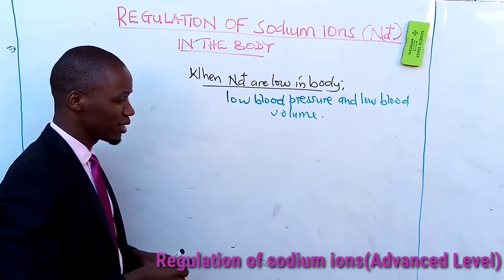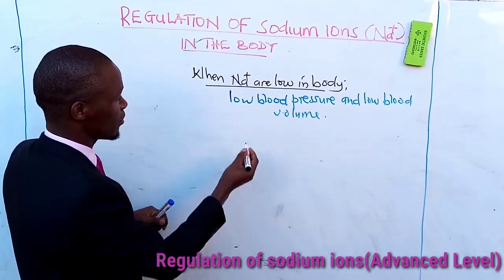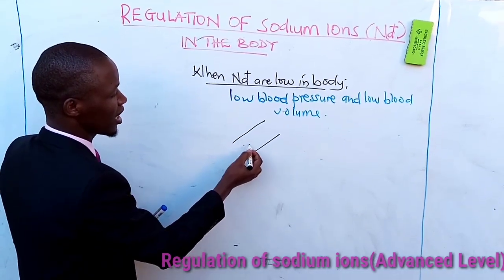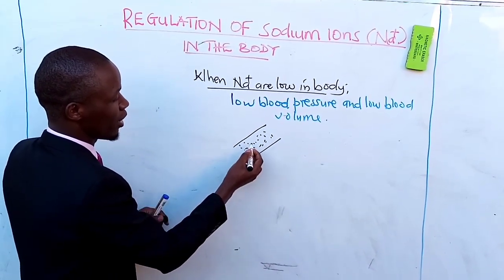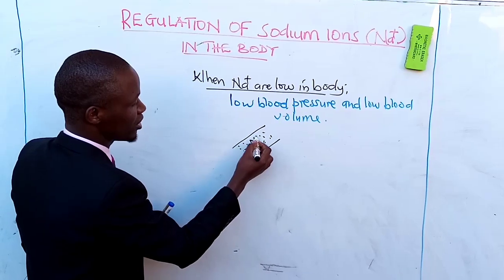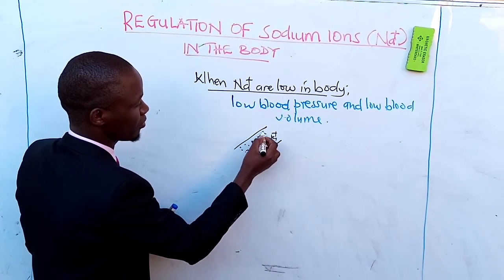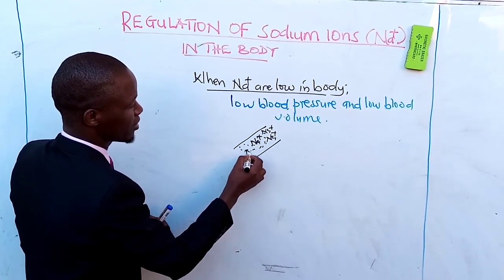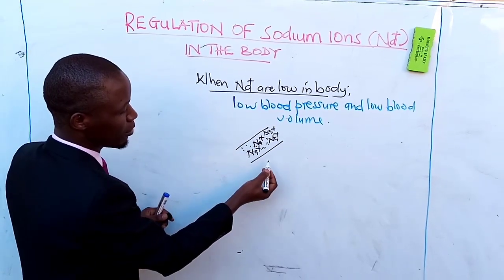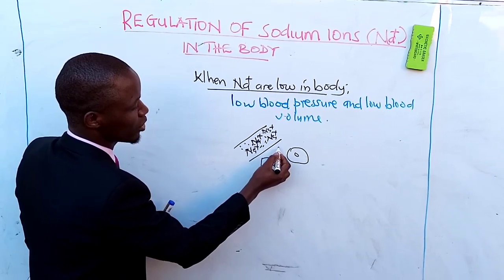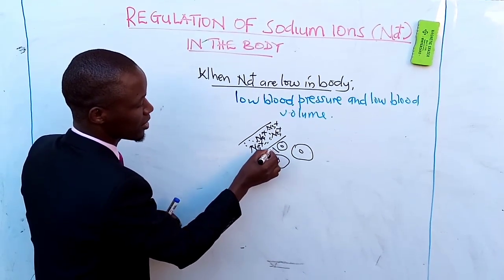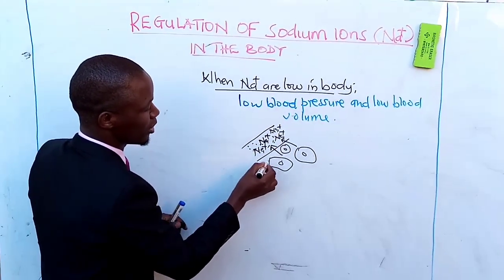You know very well that if you have a blood vessel, and inside this blood vessel we have very many sodium ions, these sodium ions are important in such a way that they enable osmotic inflow of water from the cells into the blood.